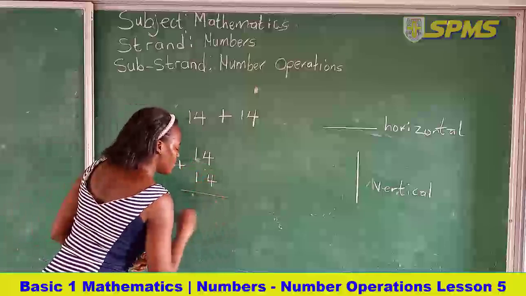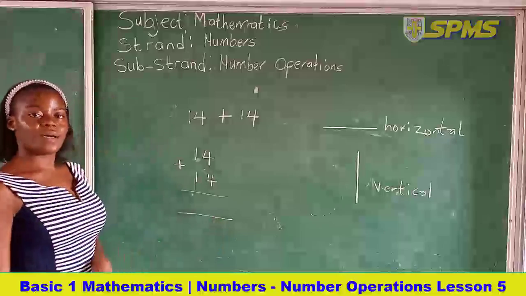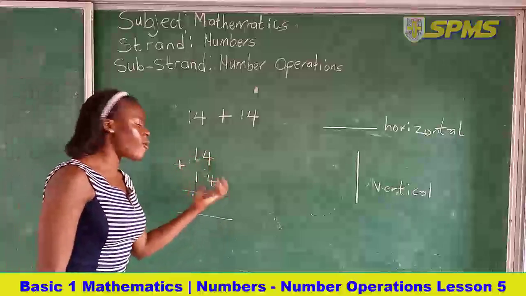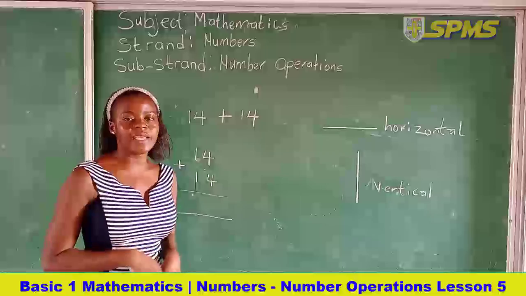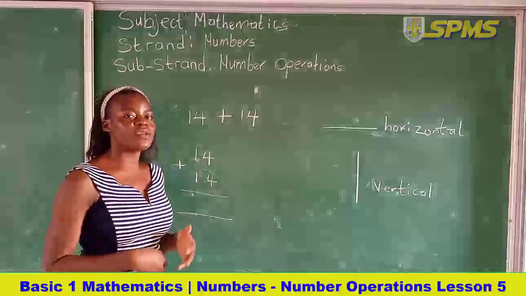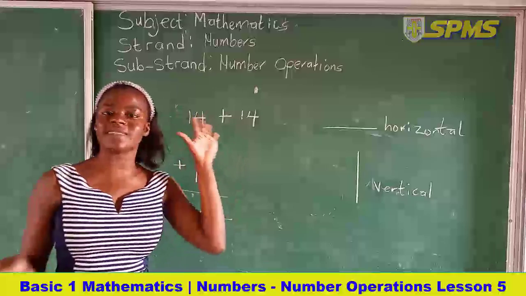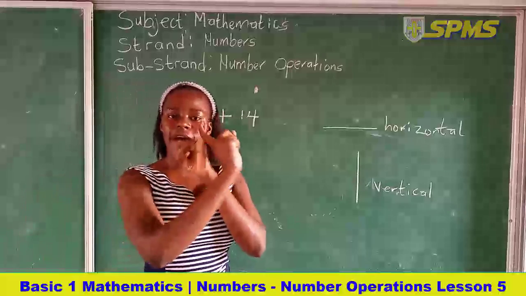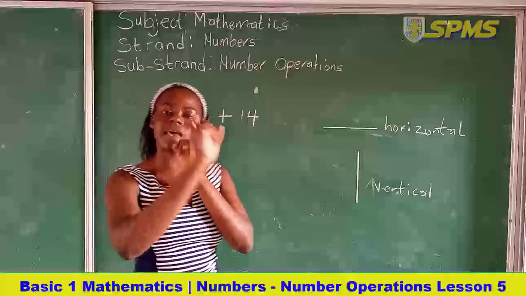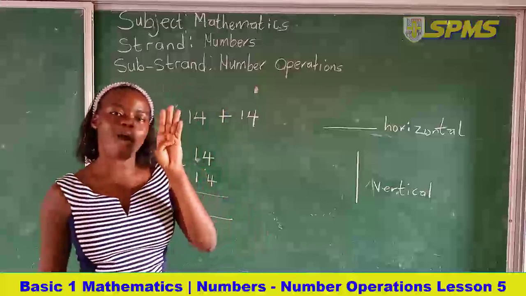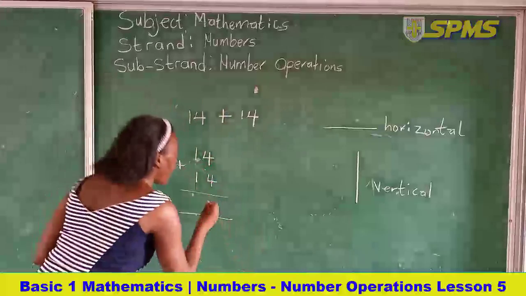Good. Okay, so 4 plus 4. We are going to use relating counting to addition. We have 4 already. Let's add 4 to it. 5, 6, 7, 8. So 4 plus 4 will give us 8.